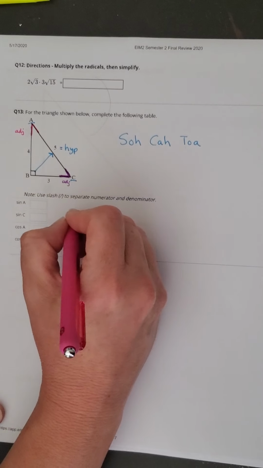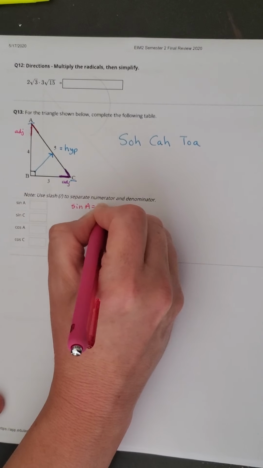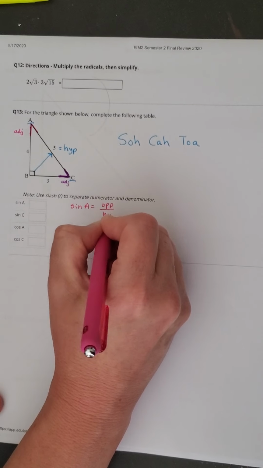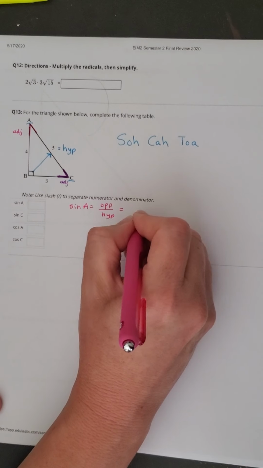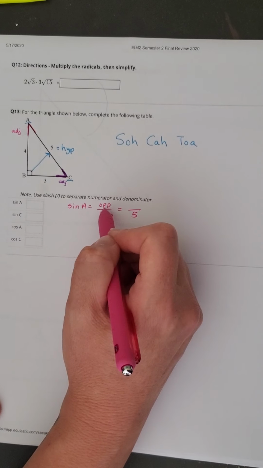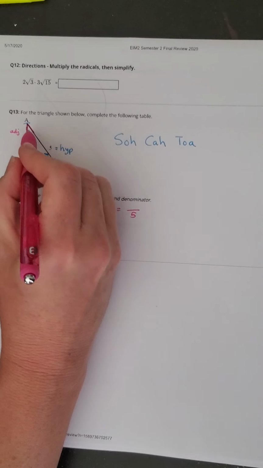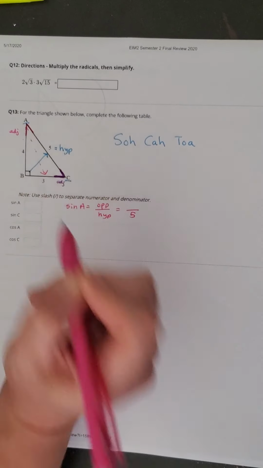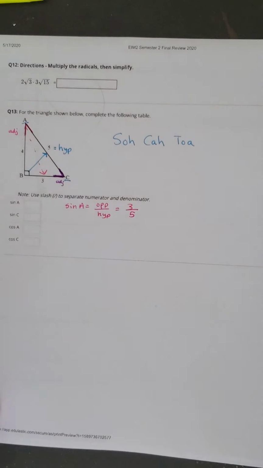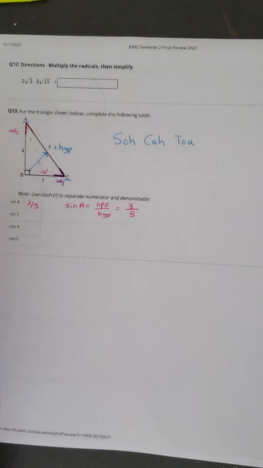All right, so the first one says sine A. So sine A is equal to opposite over hypotenuse. So I know the hypotenuse is 5 no matter what. And then sine A means opposite. So opposite of A would not be this side. It would be across from A, 3. So I would write 3 over 5. And it says use a slash.